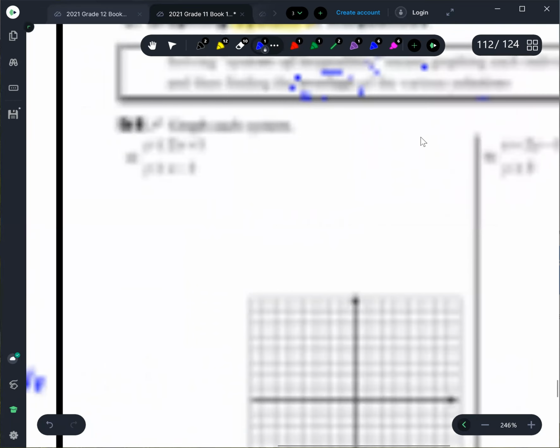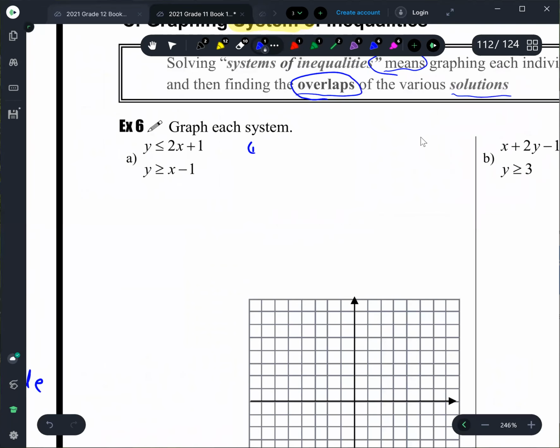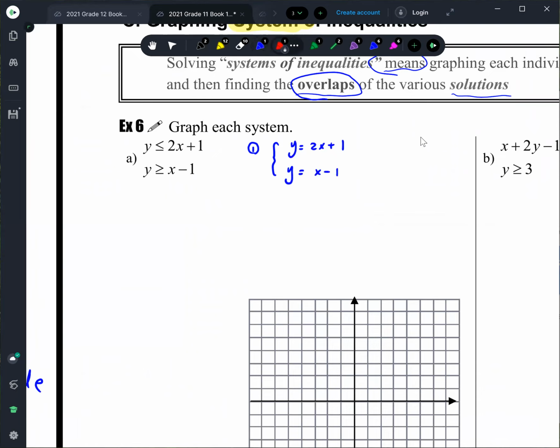Right, so we just follow our steps. Step one, we pretend they are both equals: y equals 2x plus 1, y equals x minus 1. And let's use different colors, okay? For the first one, I'll just use blue.